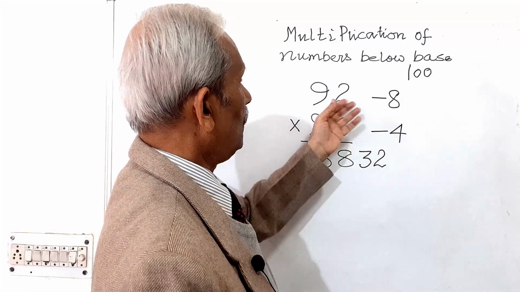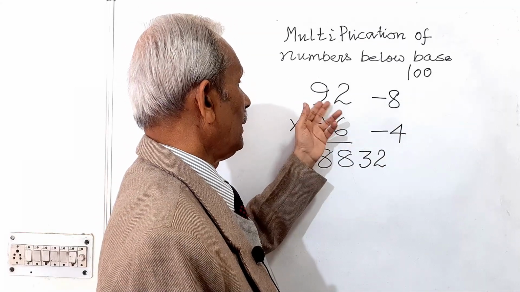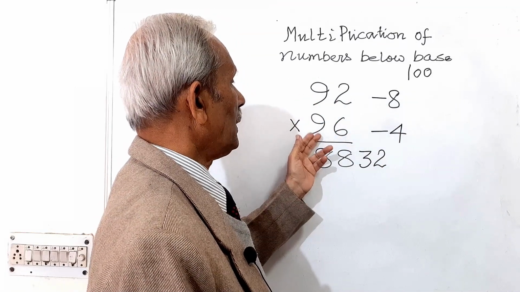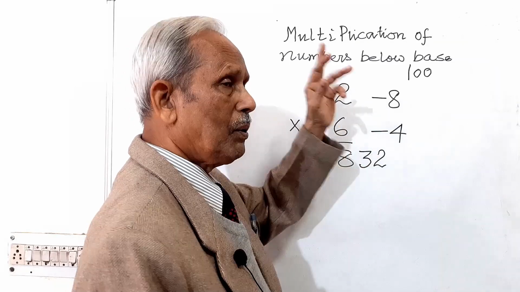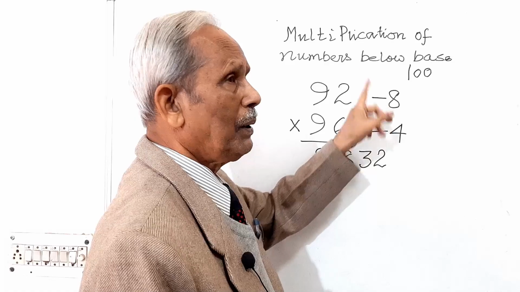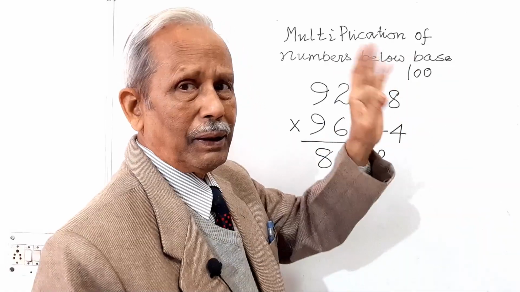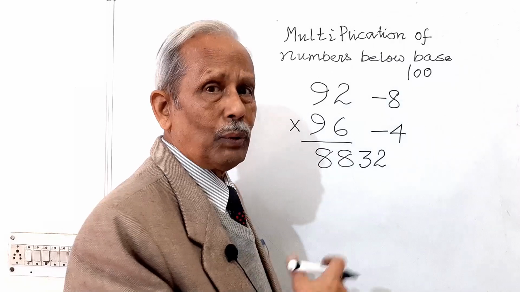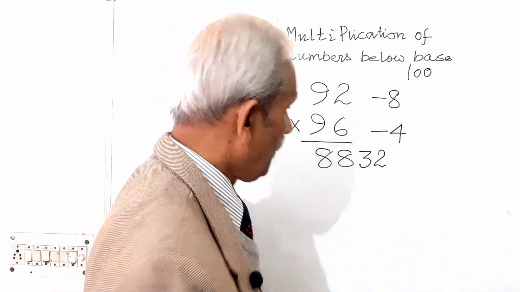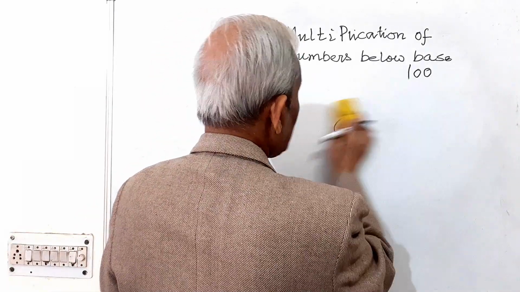No writing. 92 and 96, you see the difference of 96 is minus 4, so just cross operation, 92 minus 4 is 88, and then 4 into 8, 32, 8832, that is the answer. You can just say it mentally without even writing it, right? Okay, let us do the next problem.